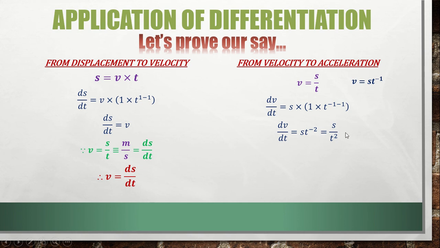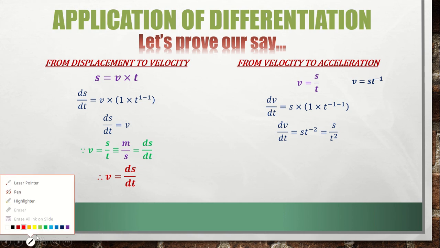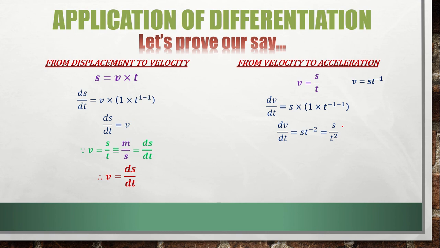Now, something of interest. S is in meters, whereas t squared is seconds squared. What is the unit of this? This is acceleration. Hold on. We know that s over t squared is meters per second squared, which is acceleration, correct?